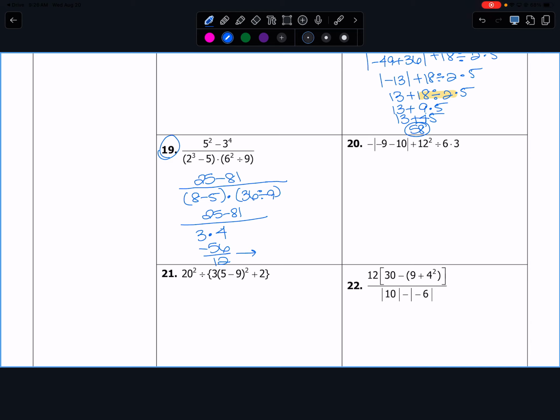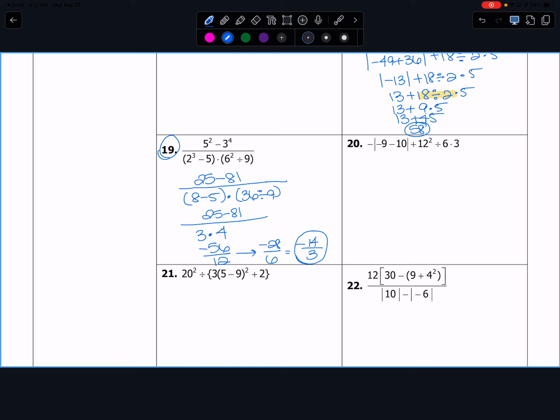So if I divided this by 2, I would have gotten -28 over 6. And then if I divide by 2 again, I get -14 over 3. And then 14 is not divisible by 3, so then I stop.